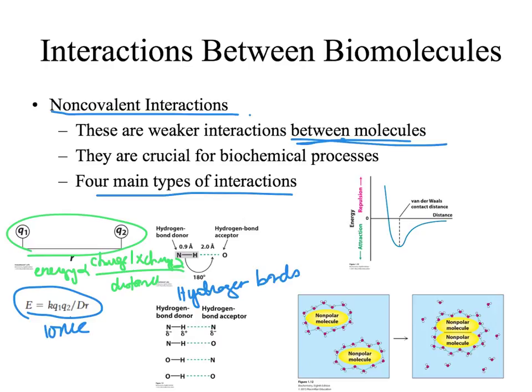The hydrogen bond donor, remember, is a substance with a hydrogen that's attached to a nitrogen, oxygen, or a fluorine, but we don't really see fluorine much in biological systems. And the acceptor has to be a substance that has a lone pair of electrons, and that's really going to be another nitrogen, oxygen, or fluorine molecule. The more polar atoms will form stronger hydrogen bonds.